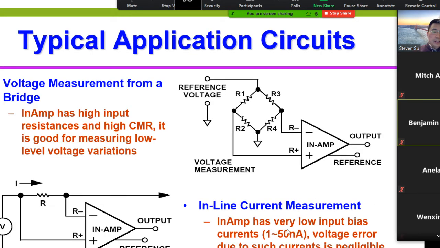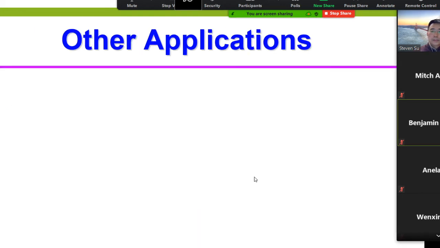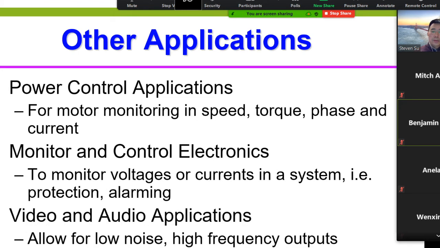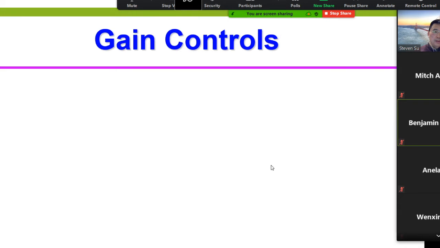Because the input impedance is very big, the current is very low, so it cannot influence the original signal too much. One very important application is the EEG monitor, medical instrumentation. That's why we select an instrumentation amplifier to do the first stage amplification.